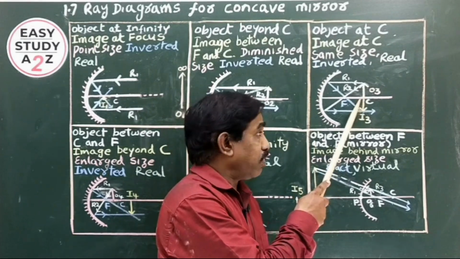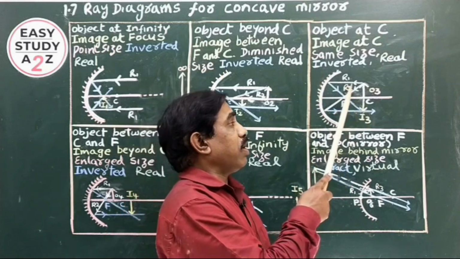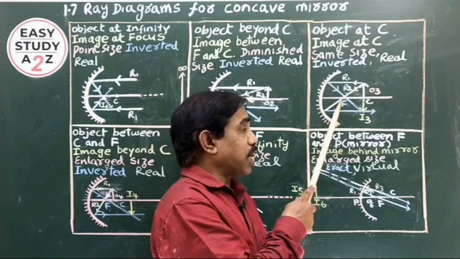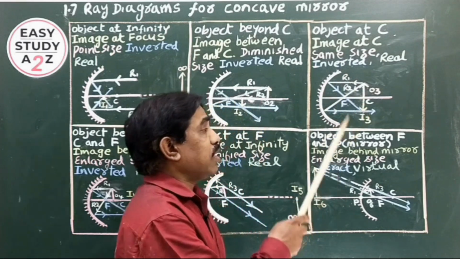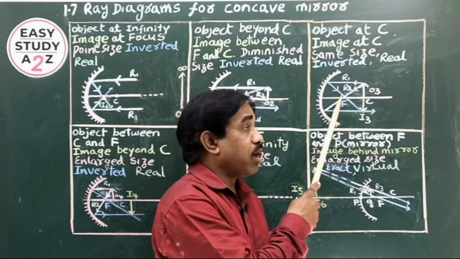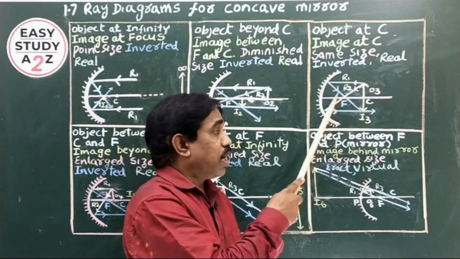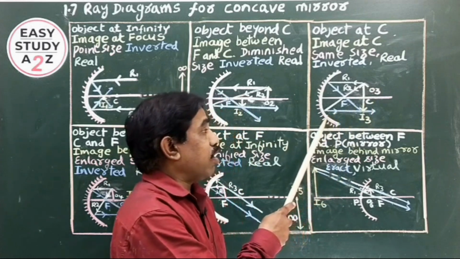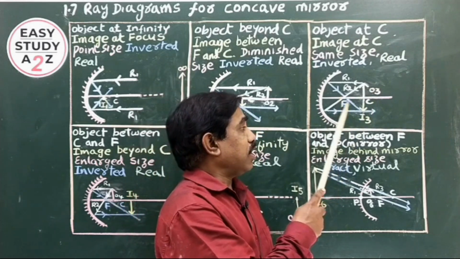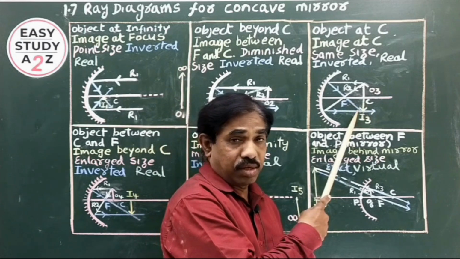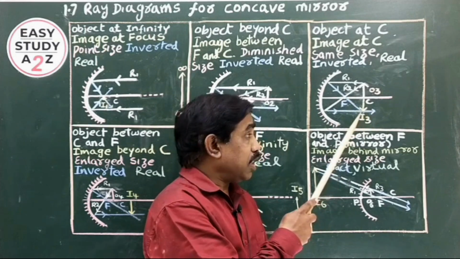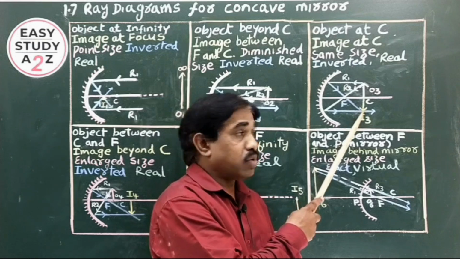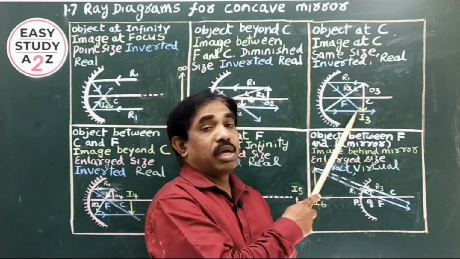R1, the ray 1, is incident on the mirror, and the reflected ray passes through the focus, and another ray R2, the second type of ray, is passing through the focus and reflects parallel to the principal axis. At the point of intersection of these two reflected rays, we get an image, and the image is inverted, the size of the image is equal to the size of the object, and it is real.